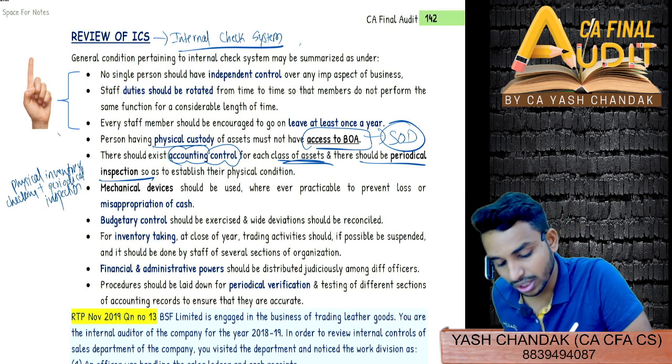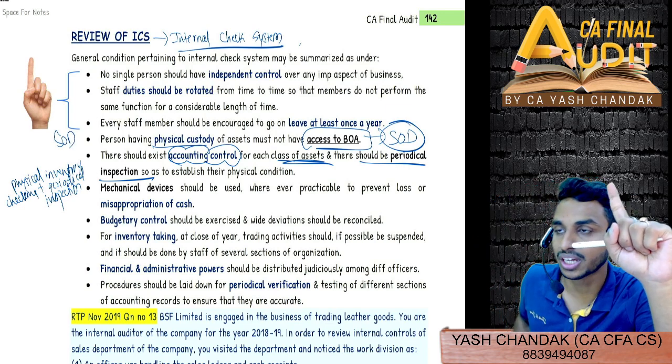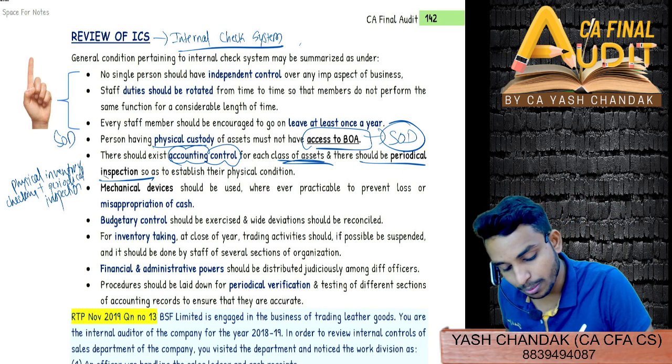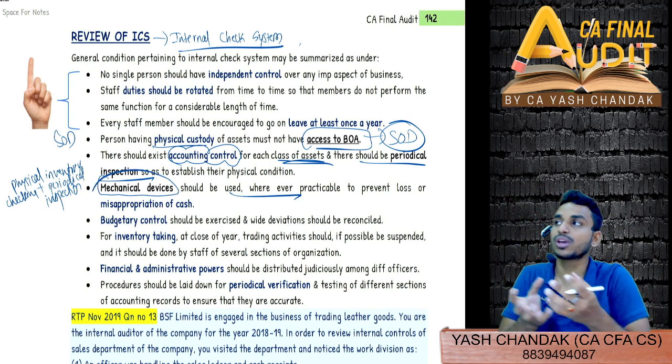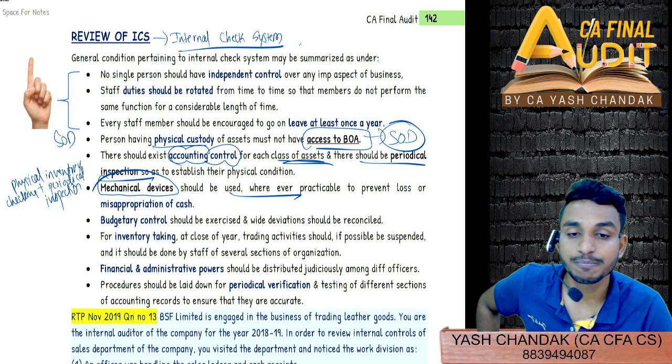The other one was SOD. So the first 3 points, just remember, were with respect to our fingers. Then SOD and physical inventory checking. And there should be mechanical devices, for example an automated cash register, like you would witness in many of the malls or international brand showrooms.